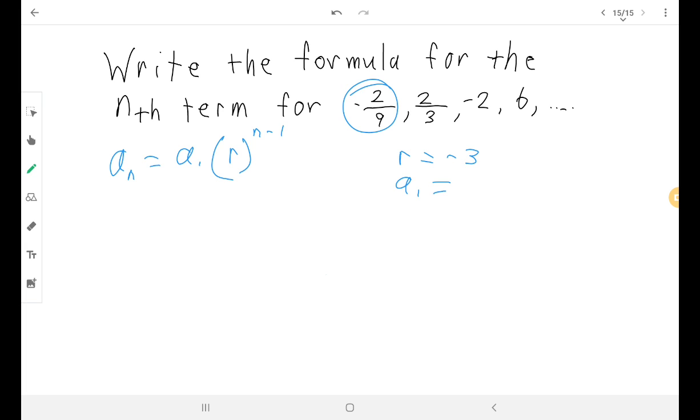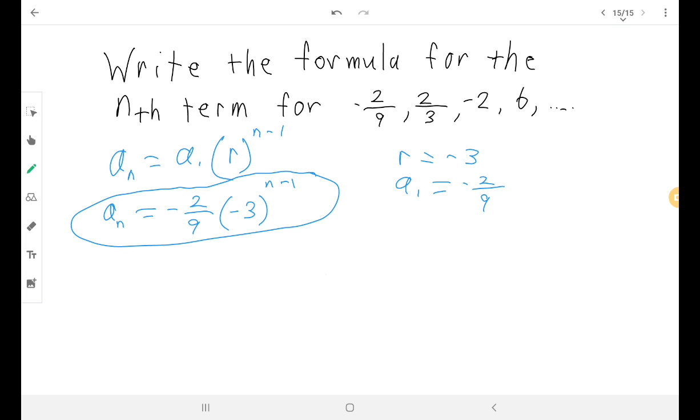Well, it's staring right at us. It's -2 over 9. So really, that's all we need to put this into place, right? A sub n equals the first term, -2 over 9, times the common ratio, -3, raised to the n minus 1 power. And there we have it.